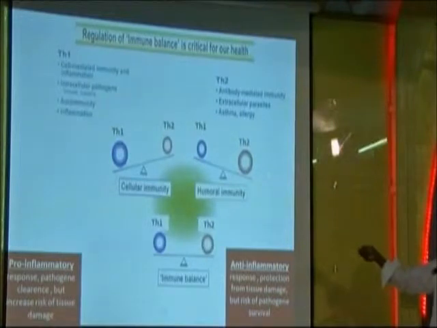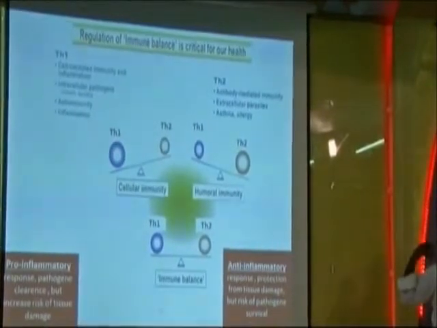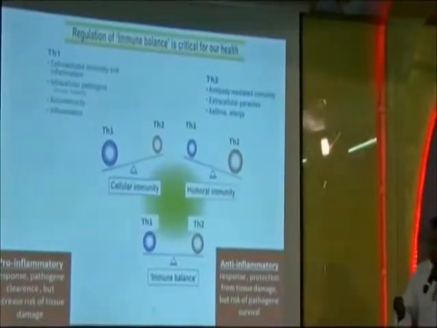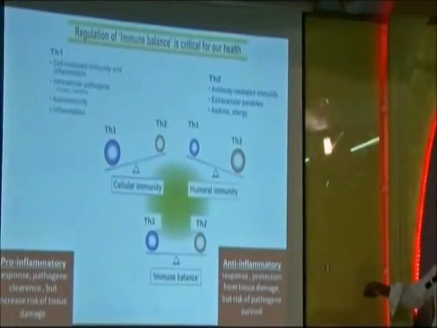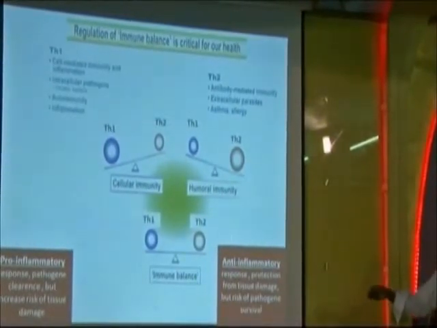So if TH2 is hyperactive, this is called antibody-mediated immunity, or a more technical term, humoral immunity. So humoral immunity is the antibody immunity, and cellular immunity is the one which has a good robust CTL response. So our aim is to balance both TH1 and TH2.